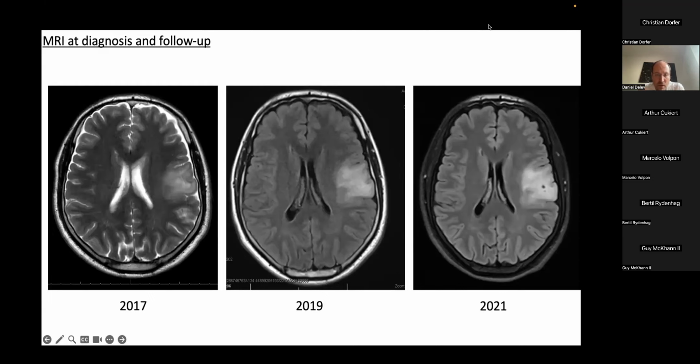In the long term, you might notice that it gets a little bit bigger. But if you compare 2019 to 2021, you would most probably see it's just a different type of MRI FLAIR image, and it stays more or less stable. So it's a very slow growth of this lesion.